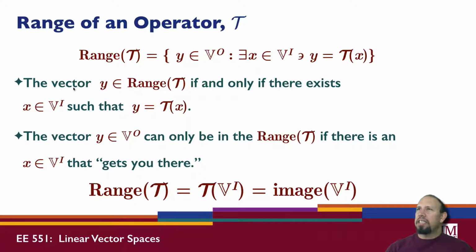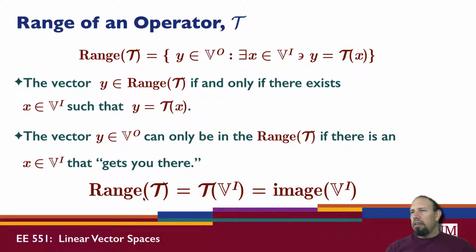Okay, so this is basically saying y is in the range of T if and only if there exists an x in the input space so that y is equal to T operating on x. The vector y in the output space can only be in the range of T if there is an x that gets you there. There must have been an x in the input space that got you to something in the output space.